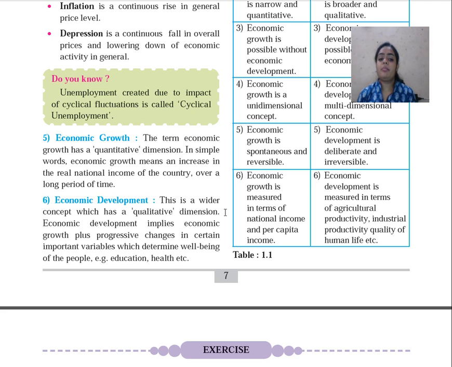Economic development implies economic growth plus progressive changes in certain important variables which determine the well-being of the people, for example education, health, etc. So in economic development, there will be progress in well-being: the education system shall be changed, the health of the people shall be considered, and all the other required factors shall be considered and seen changing.